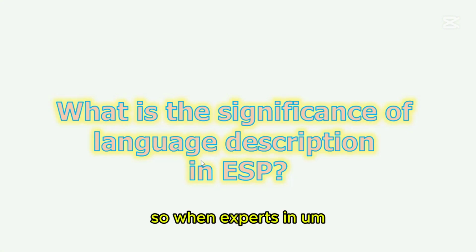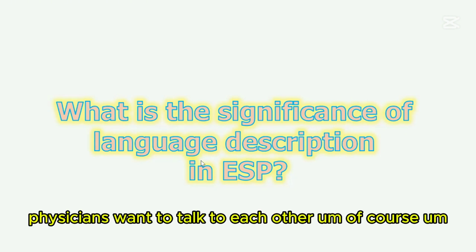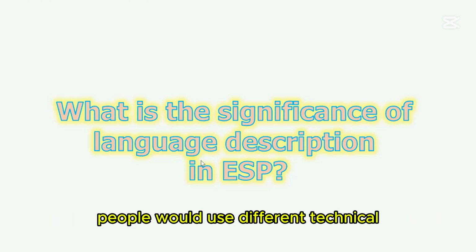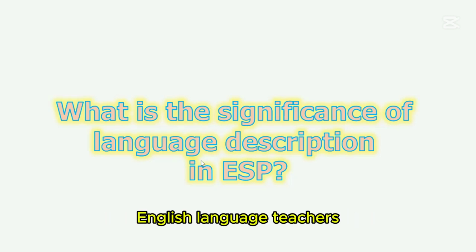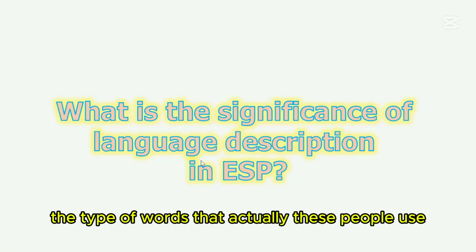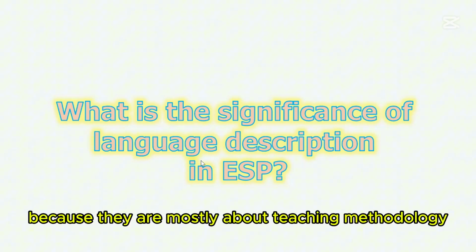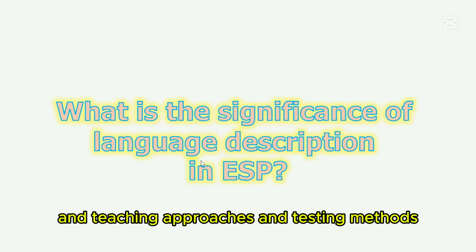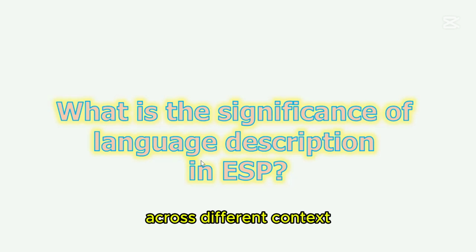So, when experts in the community of, for example, doctors, physicians, want to talk to each other, of course, people would use different technical terms related to medicine. But when it comes to a community of English language teachers, the type of words these people use would be different because they are mostly about teaching methodology and teaching approaches and testing methods. So the nature of language is different across different contexts.